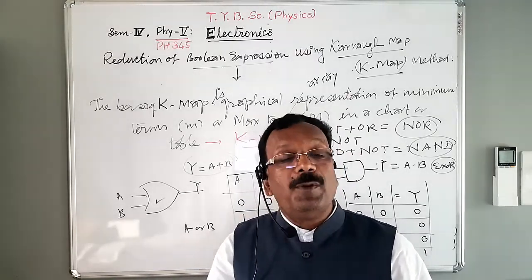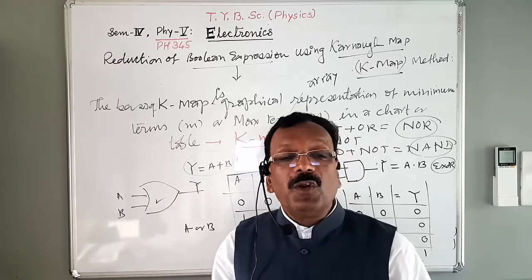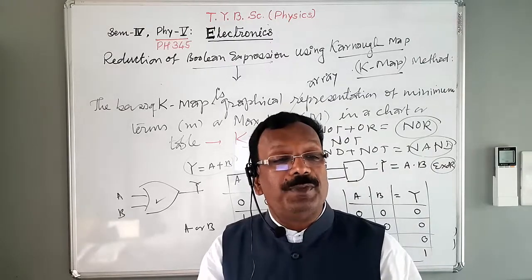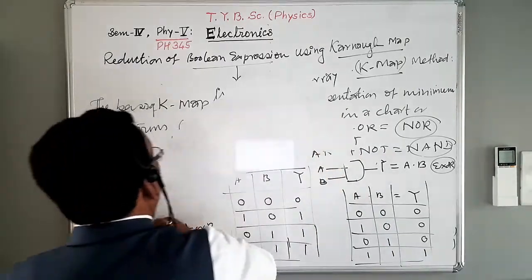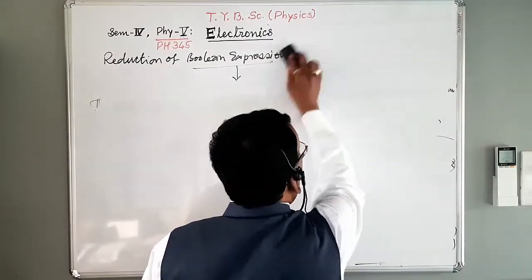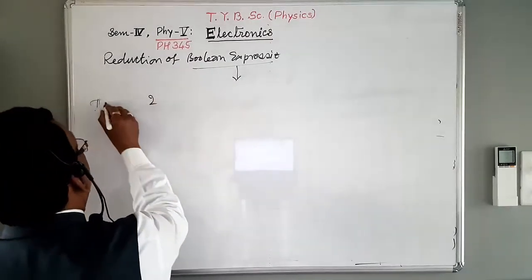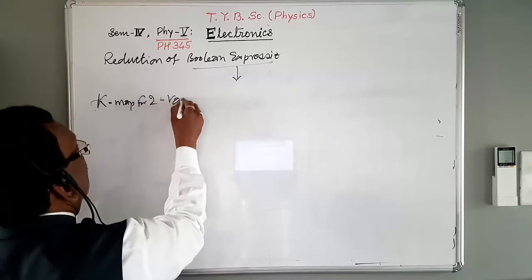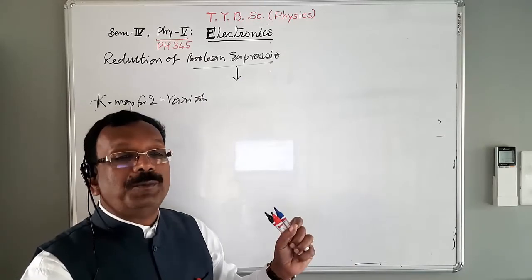Another important point regarding K-map is that the number of cells in a K-map is equal to the total number of possible combinations of input variables.